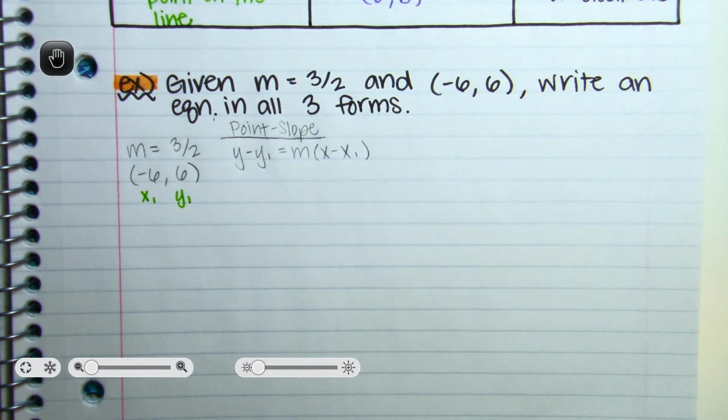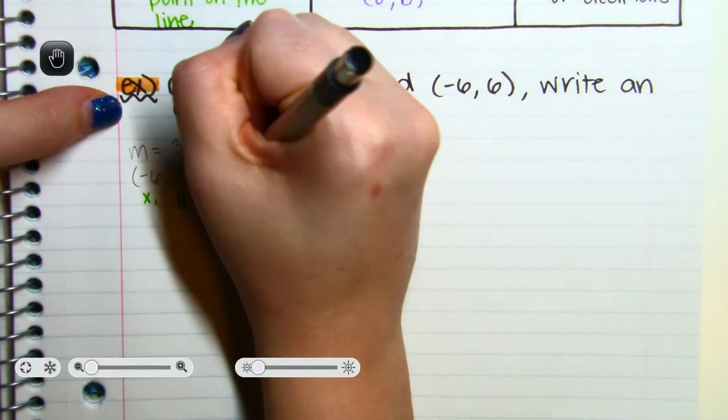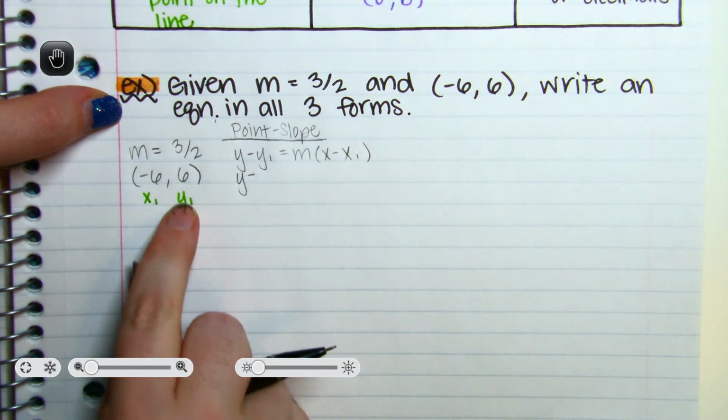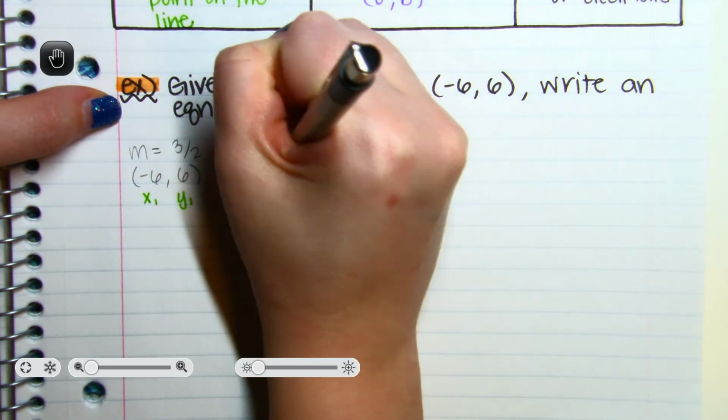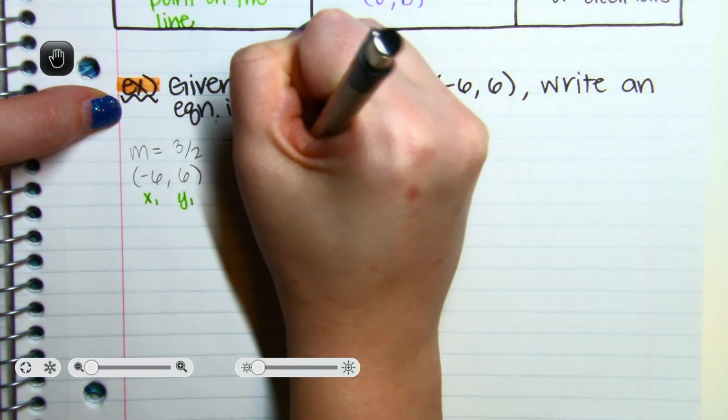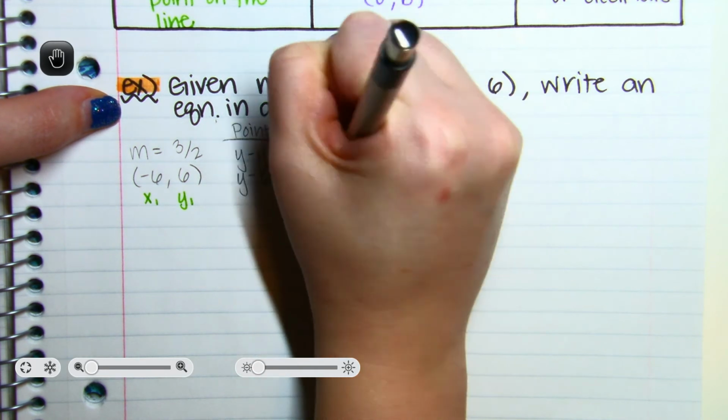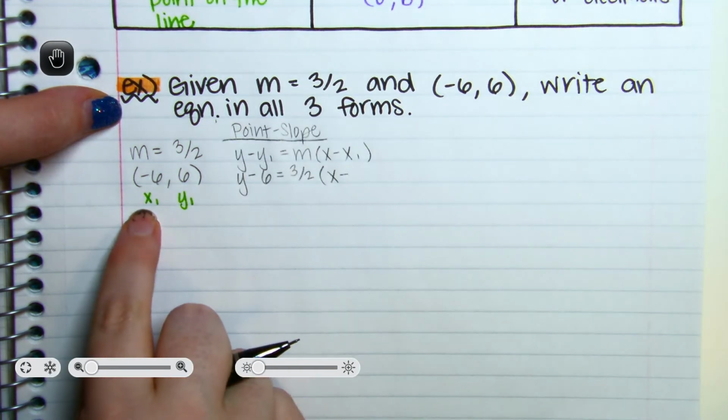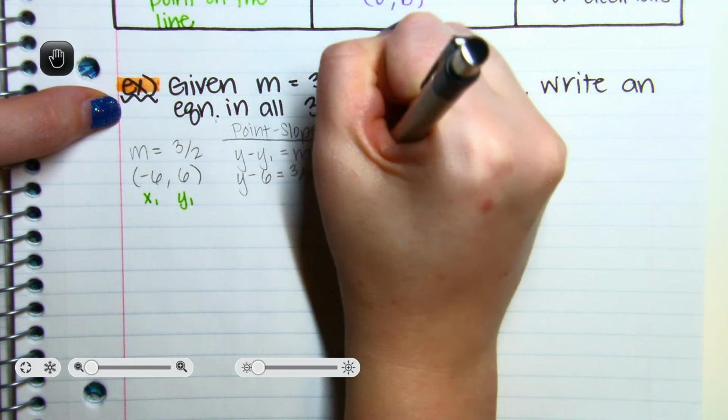And we're just going to plug and chug, which basically just means we're going to fill in the information where it goes. So y minus y sub 1, which is 6, equals m, which is 3 over 2, times x minus x sub 1, which is negative 6.